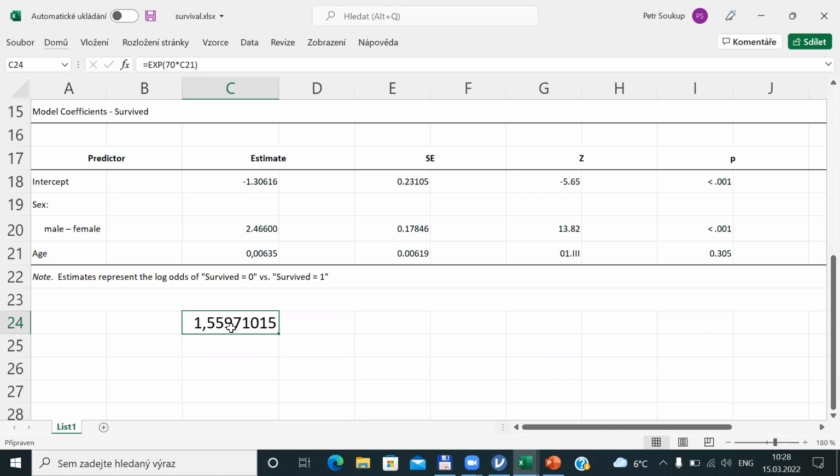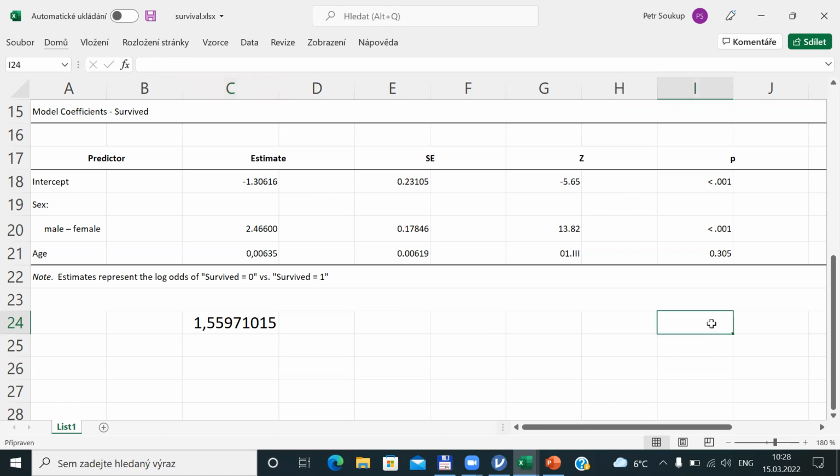So according to my opinion, if I would like to compare the importance of these two predictors, so it means age and gender, gender was very important, but age was not so important at all. That's my interpretation.